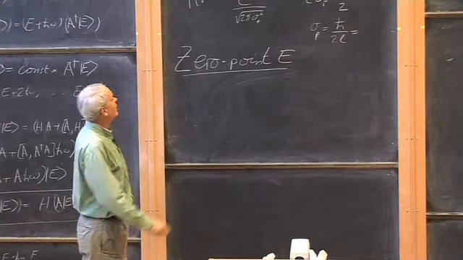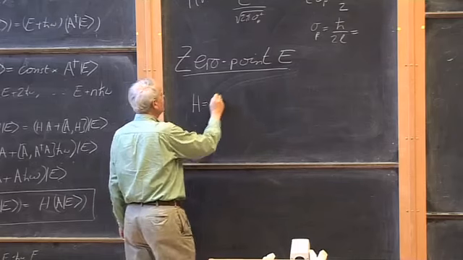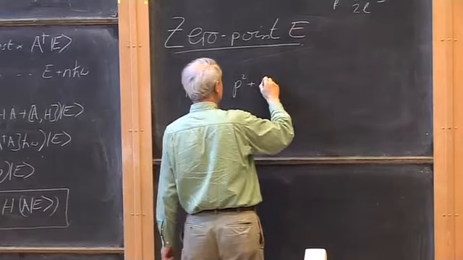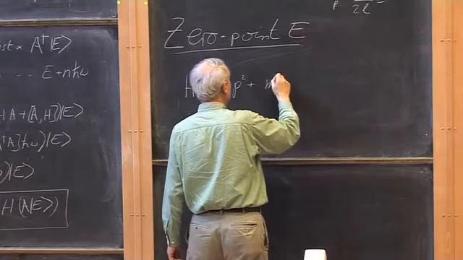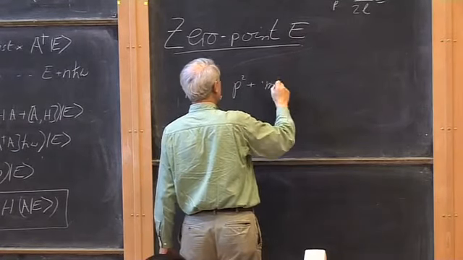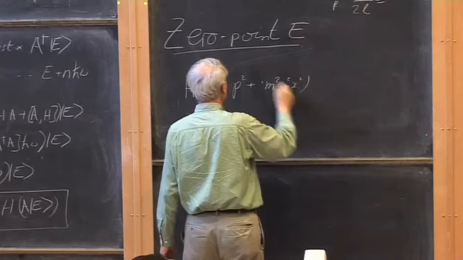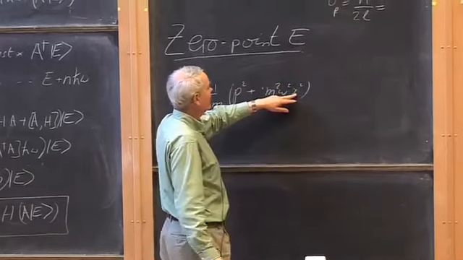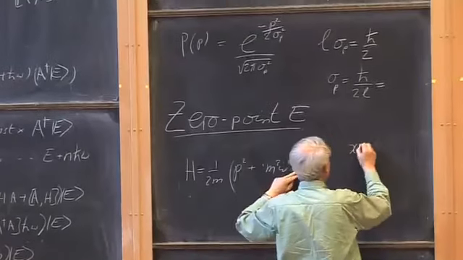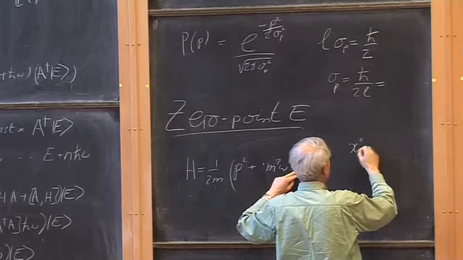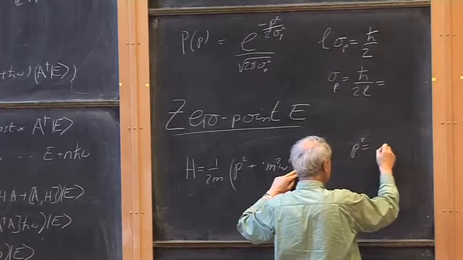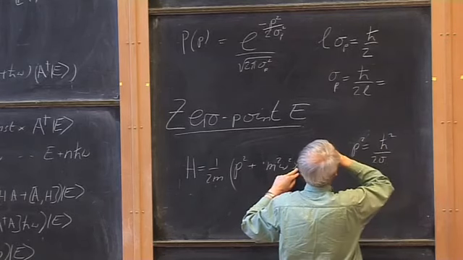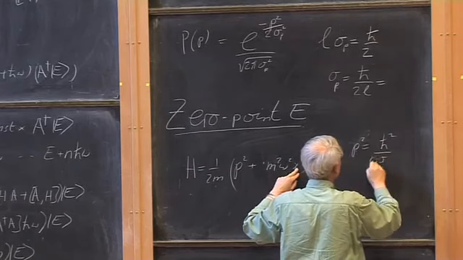If we say H is equal to 1 over 2m of p squared plus m squared omega squared x squared, and we put in the uncertainty relation, we say that p squared is equal to h bar squared over 4x squared, because I've squared it.